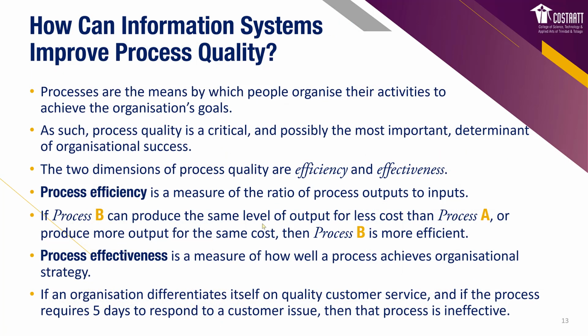So how can information systems improve process quality? Processes are the means by which people organize their activities to achieve the organization's goals. As such, process quality is critical and possibly the most important determinant of organizational success.